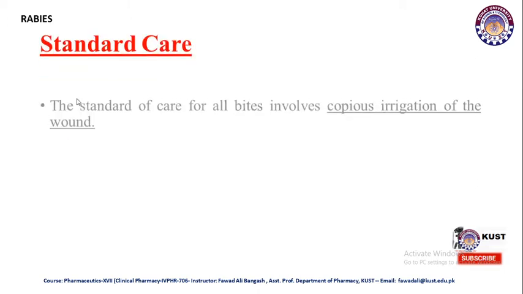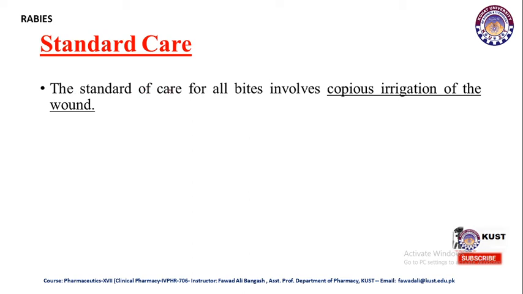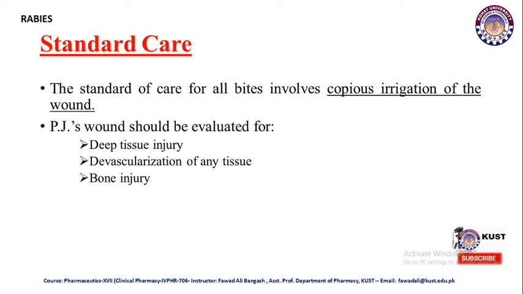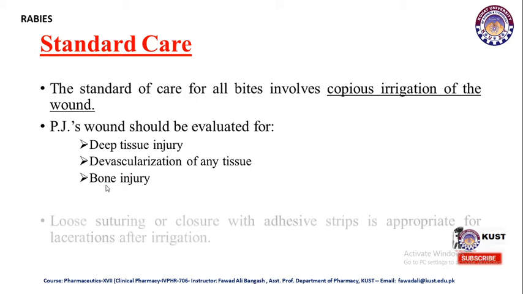Standard care. The standard of care for all bites involves copious irrigation of the wound. PJ's wound should be evaluated for deep tissue injury, devascularization of any tissue, or bone injury.